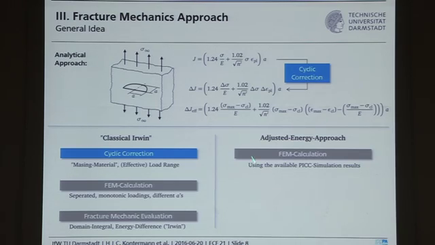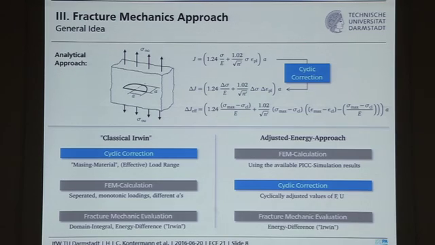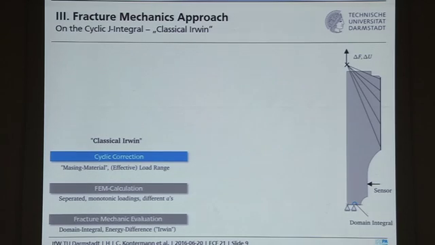So the adjusted energy approach works with this. You have this PICC simulation, and then you do the cyclic correction afterwards. So you look at your global values of forces and displacements, and do a cyclic correction of these values in order to allow for determining the energy difference and relate the energy difference to a delta J.